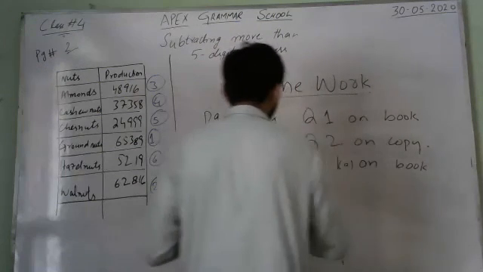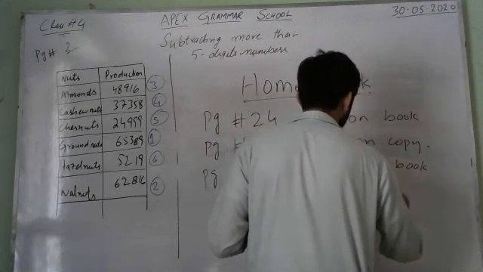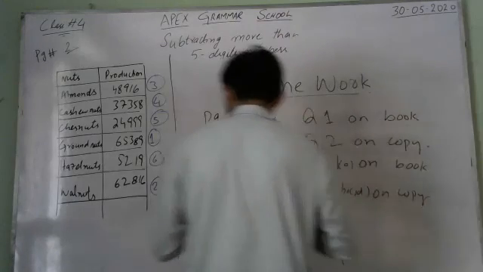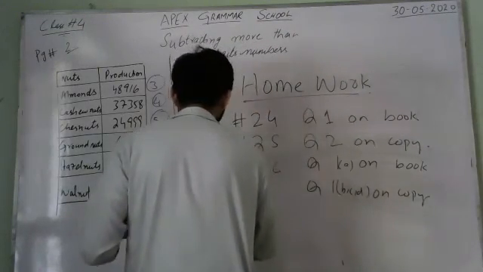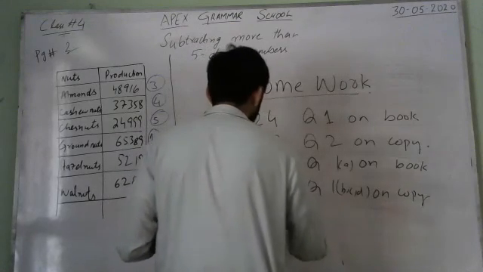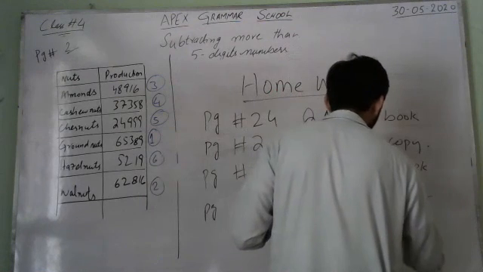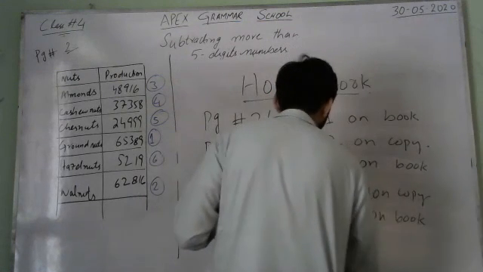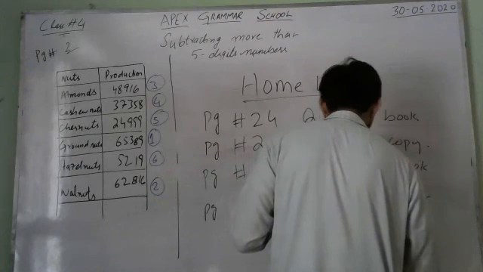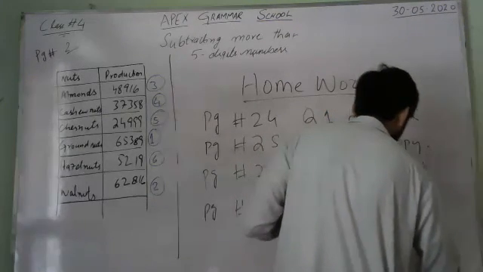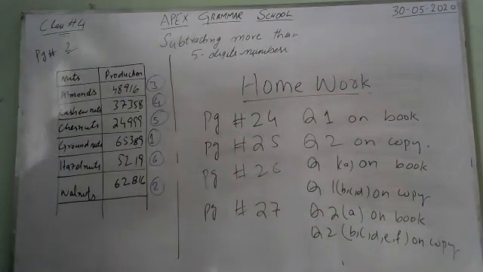Question number 1, B, C, D part on copy. Page 27, question number 2, A part on book. Question number 2, part B, C, D, E, and F on copy. So guys, kindly note down your homework also.